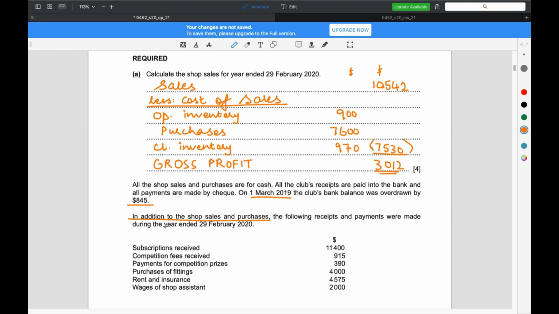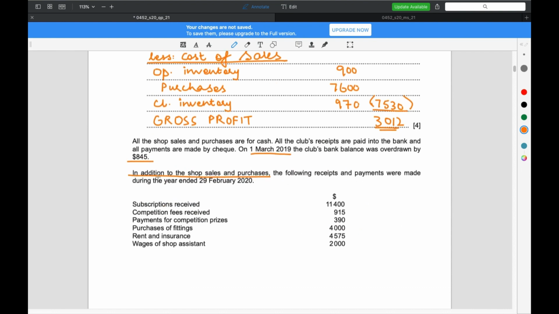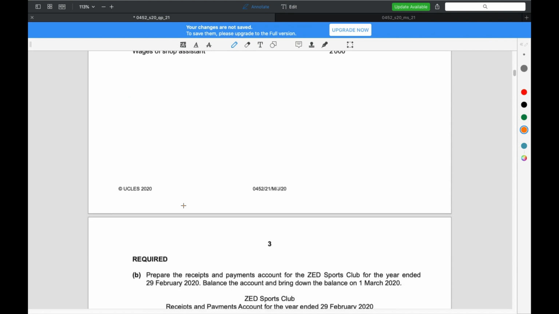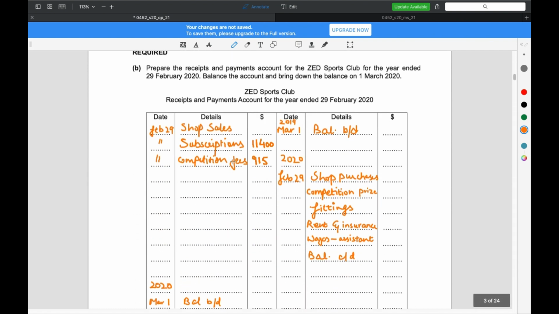Alright, so do not forget that he said in addition to the shop sales and purchases, which means that we have to consider shop sales and purchases in our receipts and payments account as well, because the receipts and payments account includes shop sales and purchases, because money is going in and out. So the shop sales we calculated from the last part is going to be $10,542.